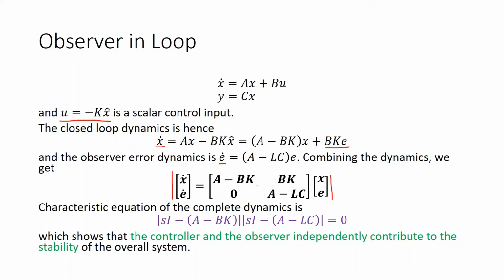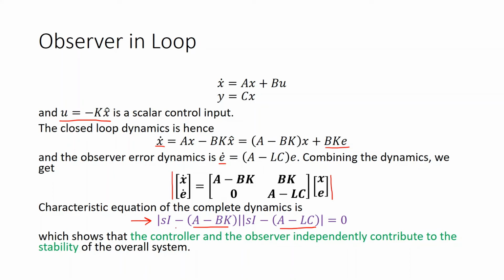Looking at the observer in loop dynamics, it is very obvious that the characteristic equation would be this. And here in the characteristic equation, it is very clear that the eigenvalues of A minus BK and A minus LC remain separated from each other. They do not get intermixed with each other.